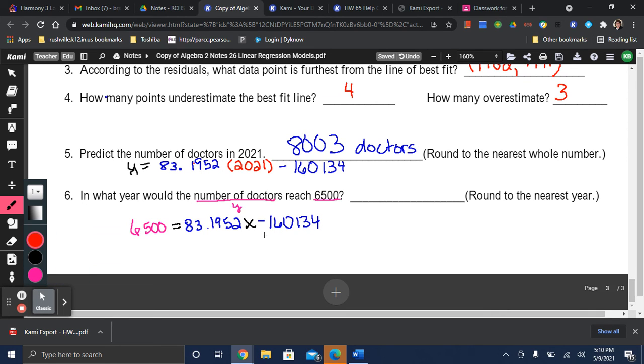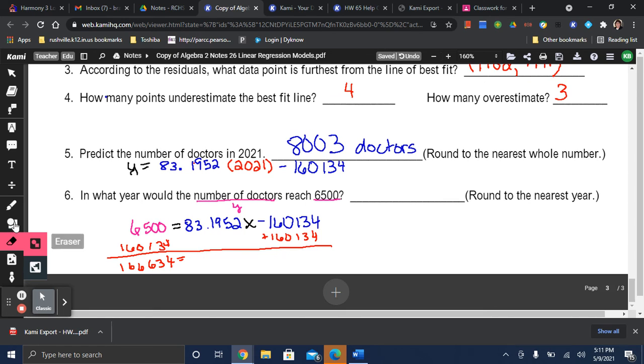For example, you would first of all add 160,134 to both sides of the equal sign. And so this is going to give us 166,634 equals 83.1952x.